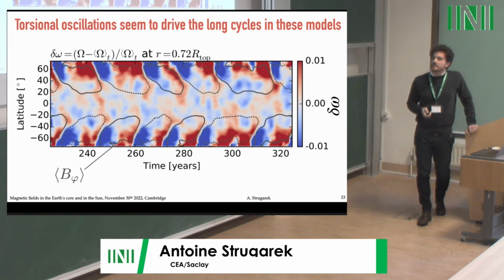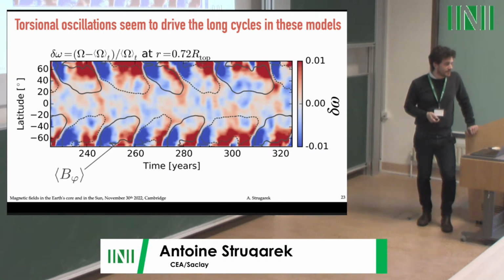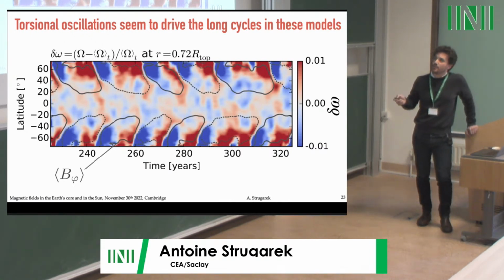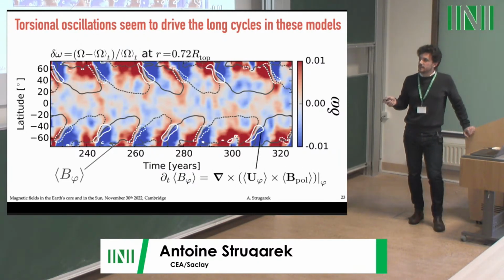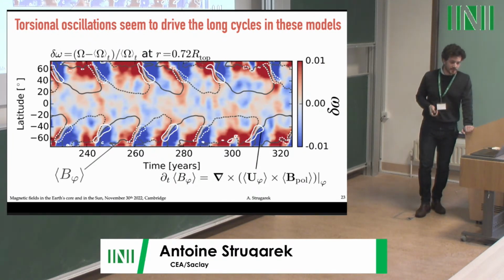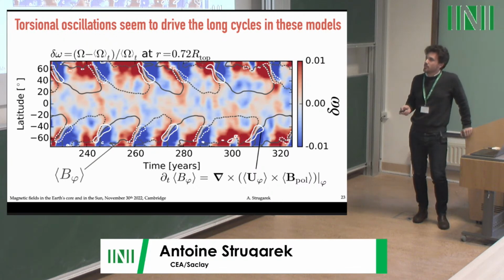And if I overplot the mean azimuthal field at this depth, you see that you have a perfect correlation between the two. And if I go even further and estimate this mean field term, which is the shear, the omega effect, the shear of the poloidal field by the differential rotation, you see that it reverses B phi each time, exactly at the same location.